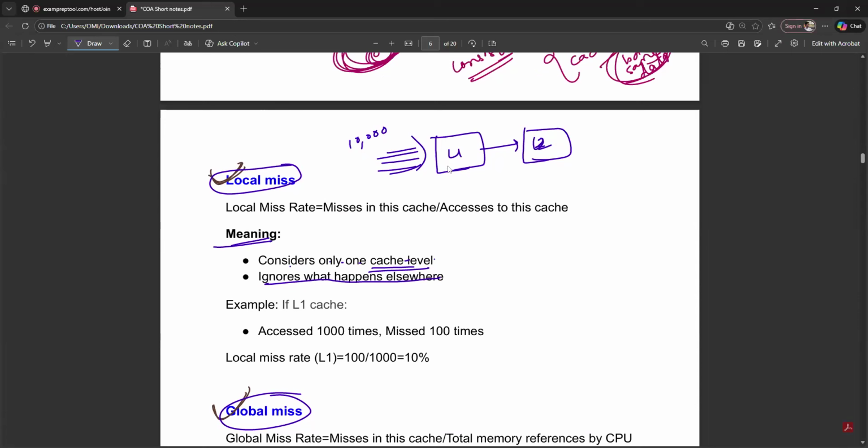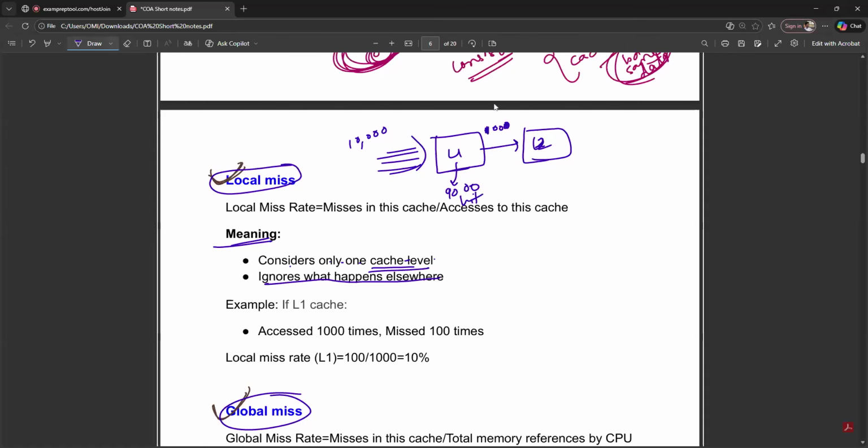Of these, 1000 are missed, and 9000 are hits.